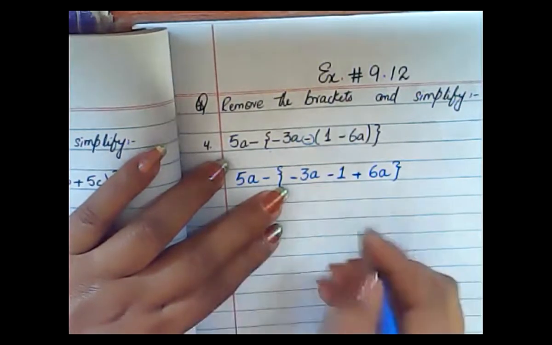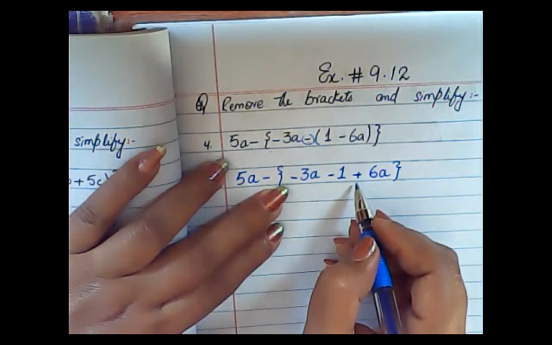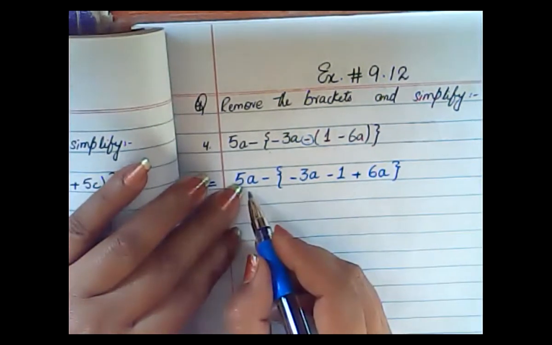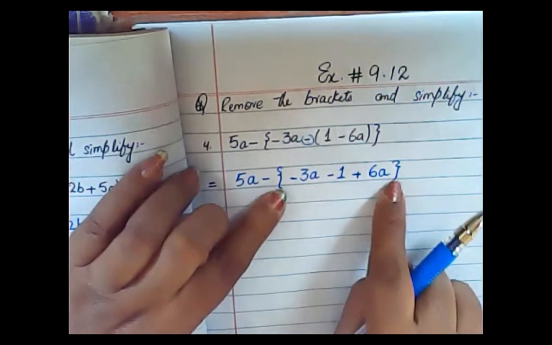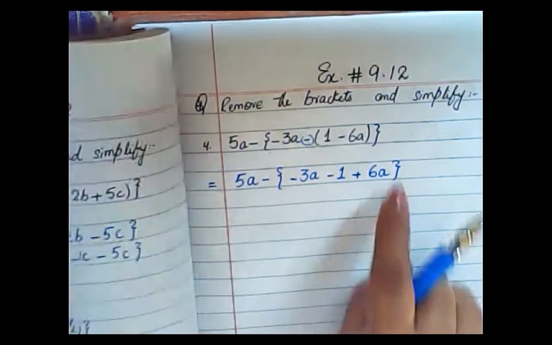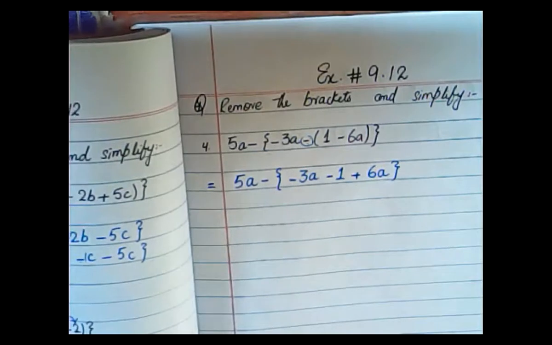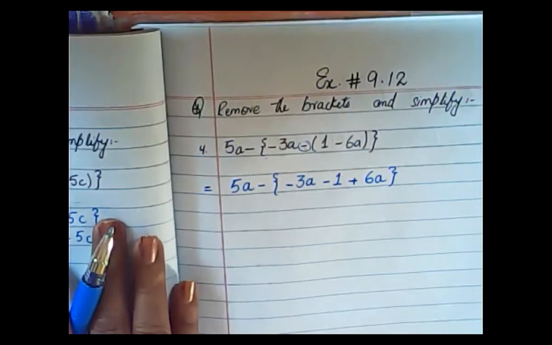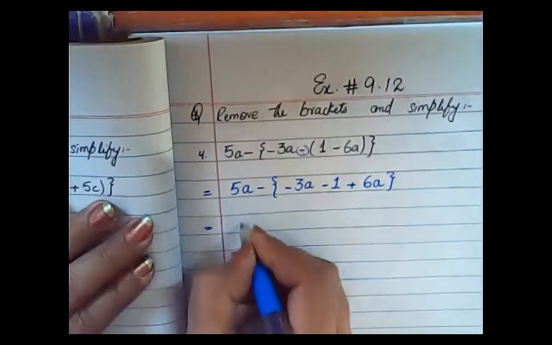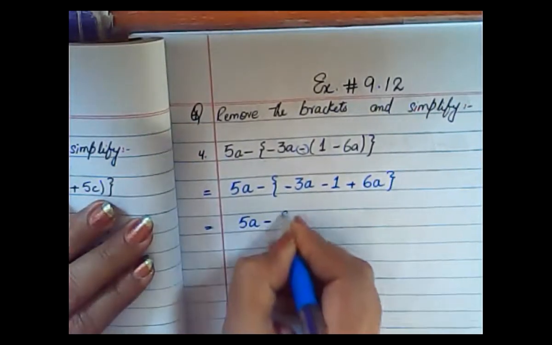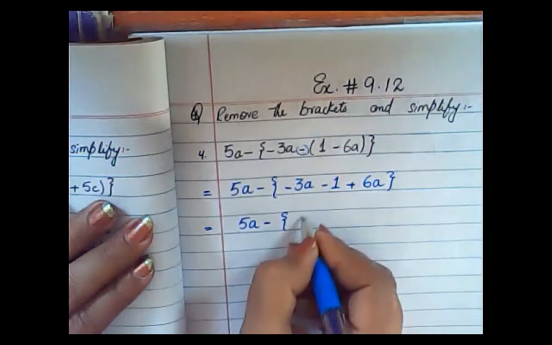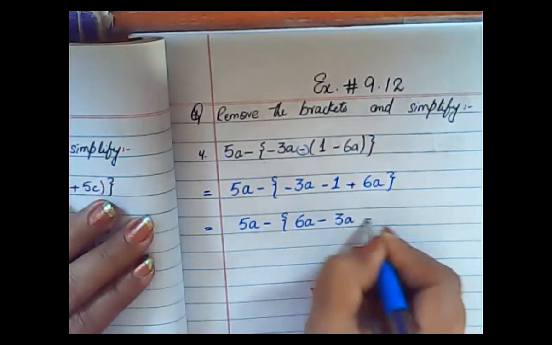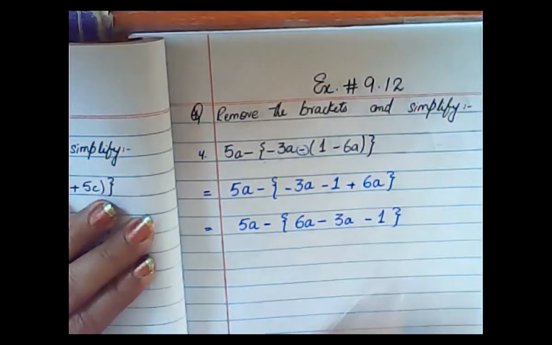Now inside the curly bracket, you are going to solve this one. You will arrange the like terms together. Here you have 6a and minus 3a. You are not going to touch this 5a, because first you solve what is written inside the bracket. So in the next step you will arrange them. 5a minus, now 6a is greater, so first we write 6a minus 3a minus 1, and then close the curly bracket.